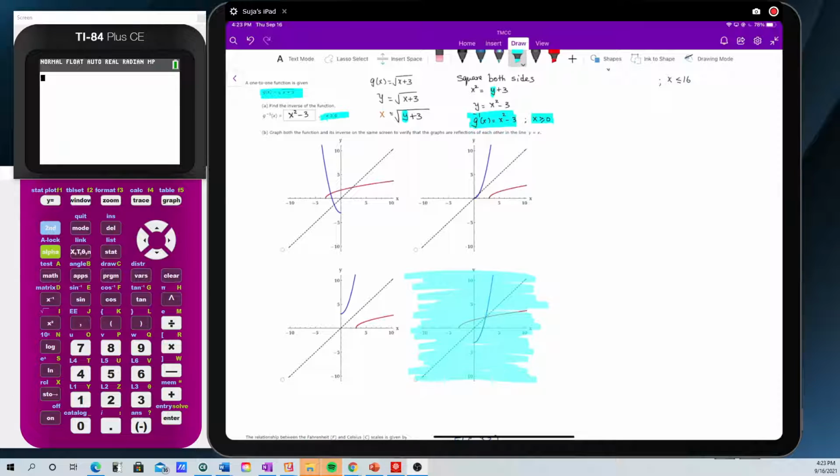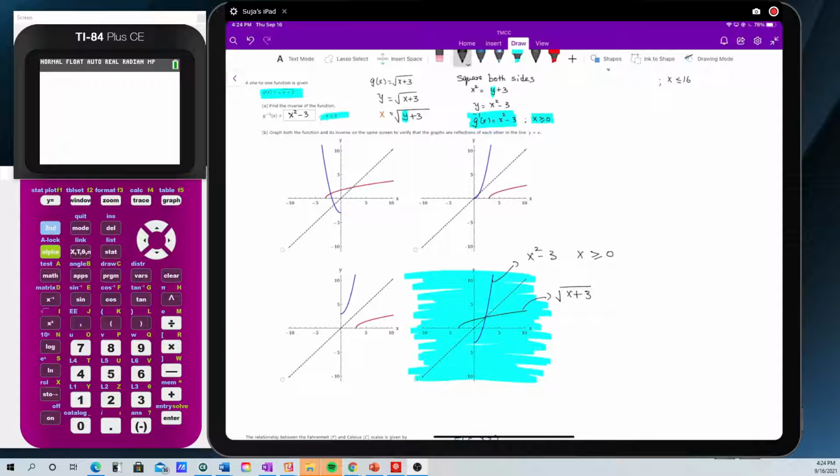The red graph is the graph of the function given to me. So this was my square root of x plus 3, the function g of x. And the blue graph is my x squared minus 3 graph. For the first graph, the restriction is x is greater than or equal to 0.